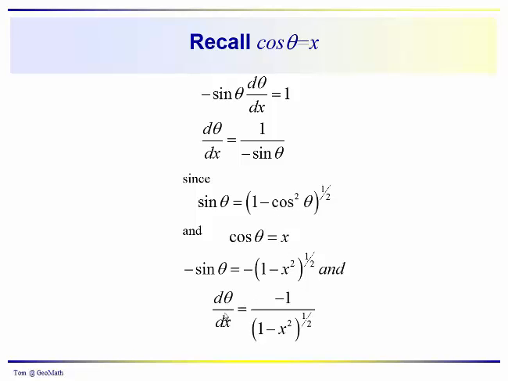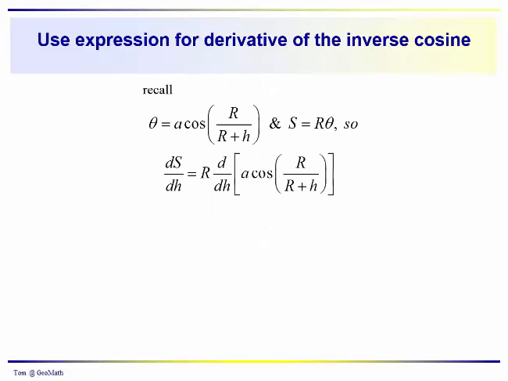So our d theta/dx, in other words, the derivative of the inverse cosine, is equal to minus 1 over (1 minus x squared) to the 1/2 power. Okay, so that's pretty much how you go about the differentiation of the inverse cosine, which we just went through.